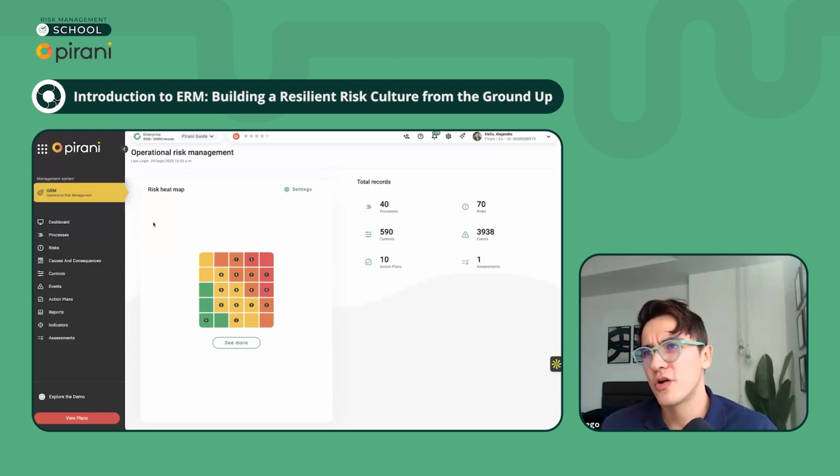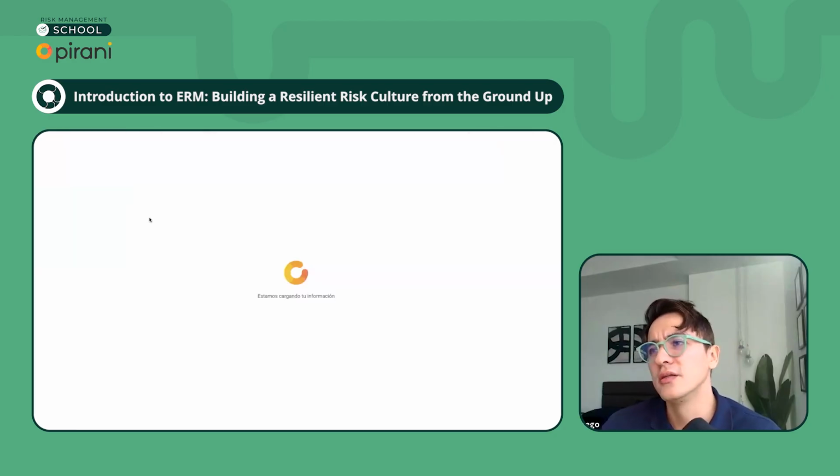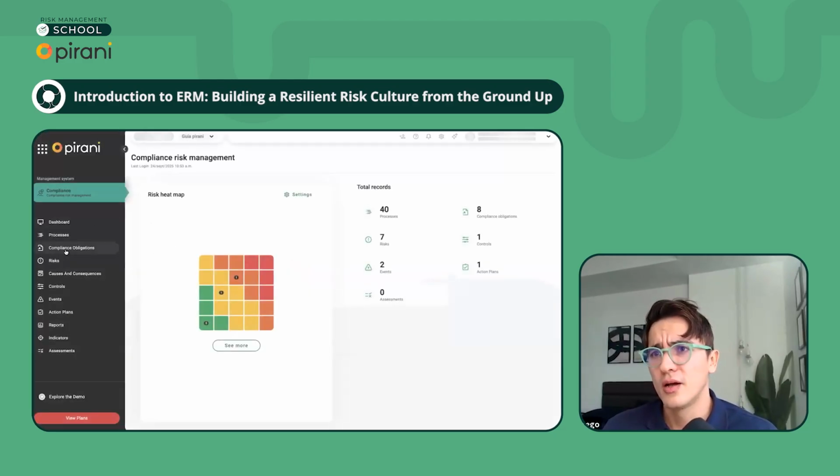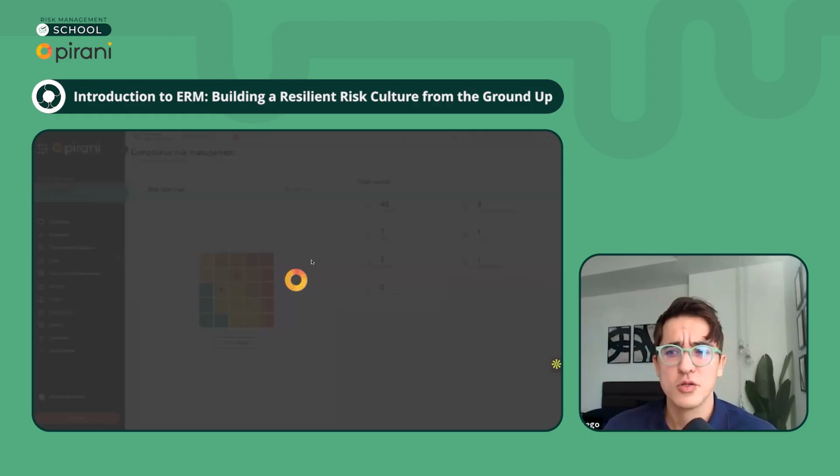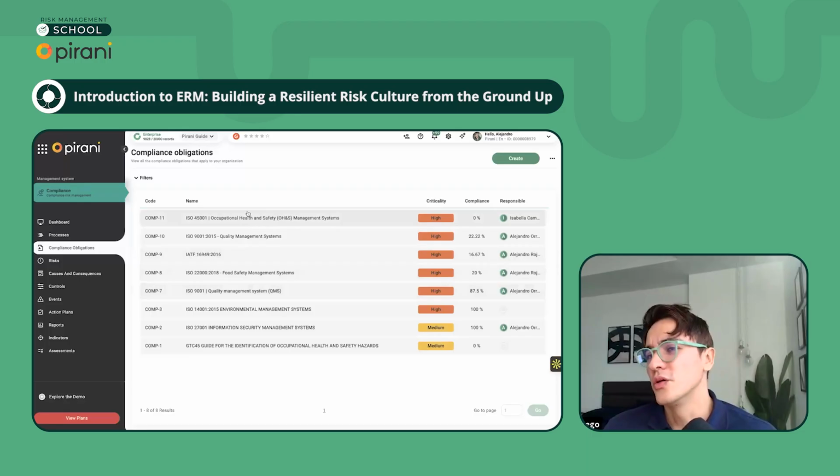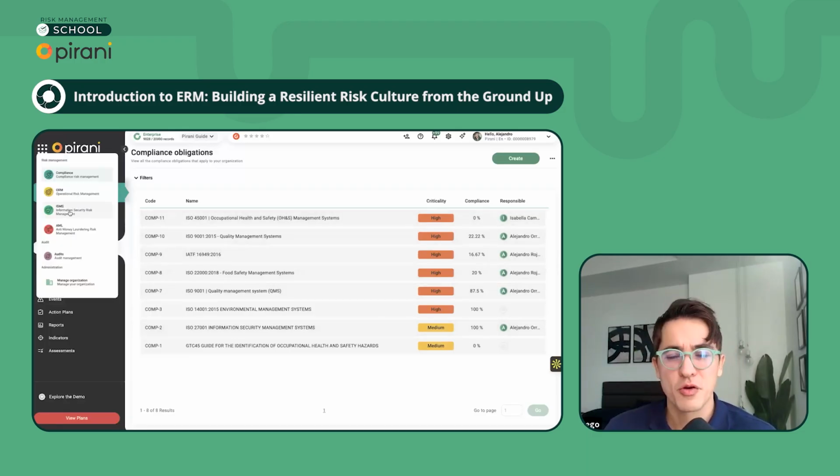From the compliance perspective, you can work with your compliance obligations, track all the obligations and the checklist of regulation that you need to follow. But also the operational or information security team can manage their risks in the same single platform. So this is the integrated perspective; you can use Pirani to do that.